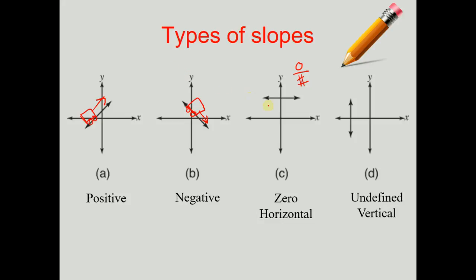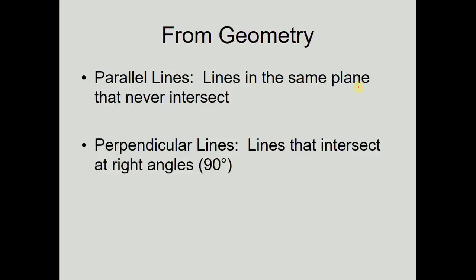Undefined is the vertical slope. That's up and down. Because it is number over 0, because you're rising, but you're not going over. Something to keep in mind. Now, 0 and undefined, those are the two that a lot of students struggle with. Try to keep those straight as you continue on your mathematical career.